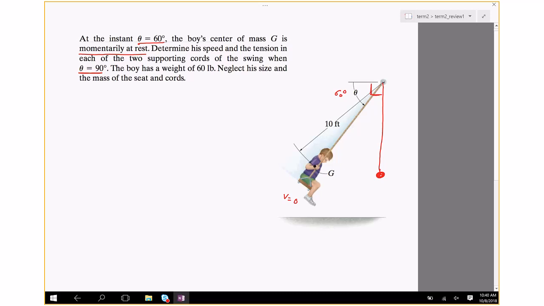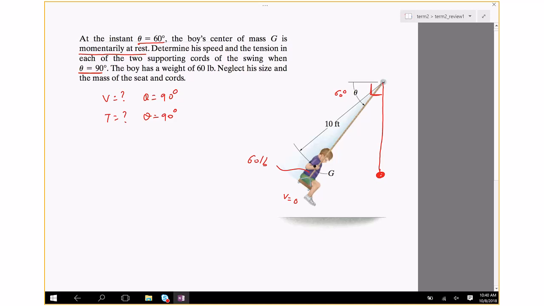The boy has a weight of 60 pounds. Neglect the size and mass of the seat and cords. Okay, so the question is, find the speed when theta is 90 degrees and find the tension when theta is 90 degrees.